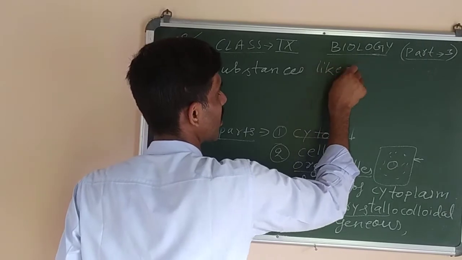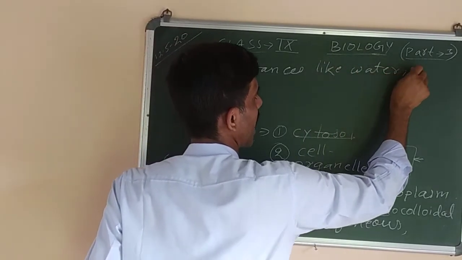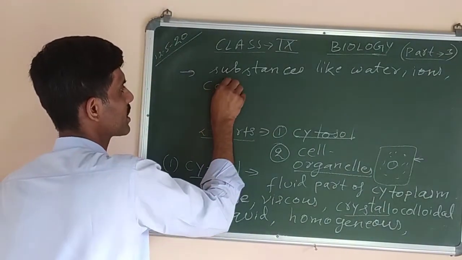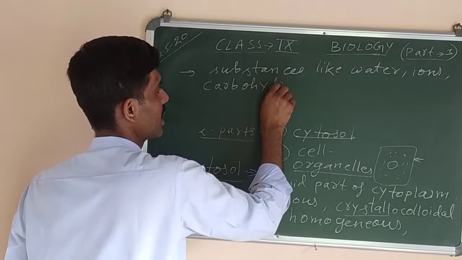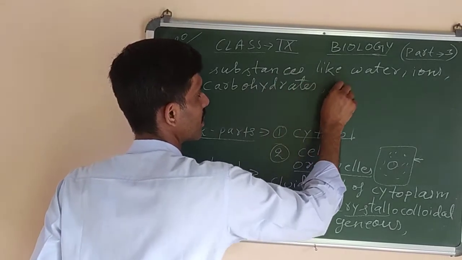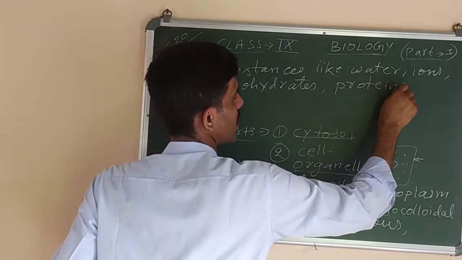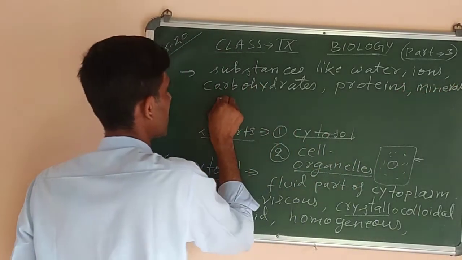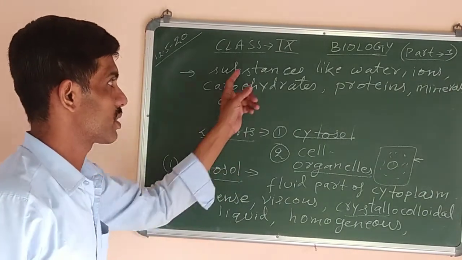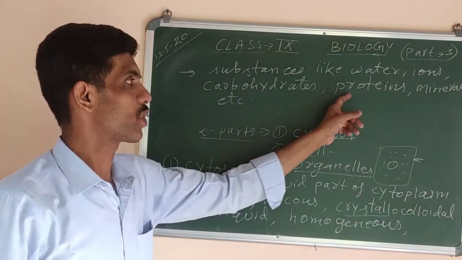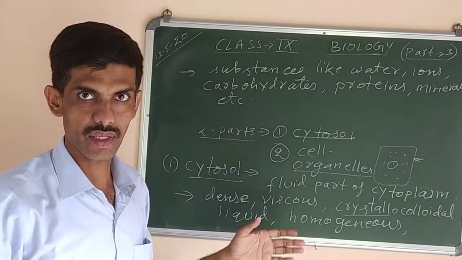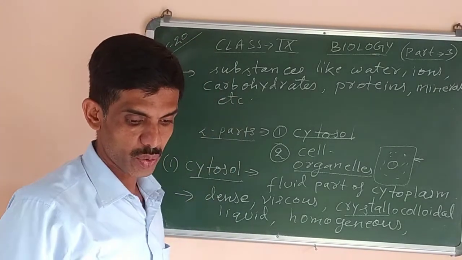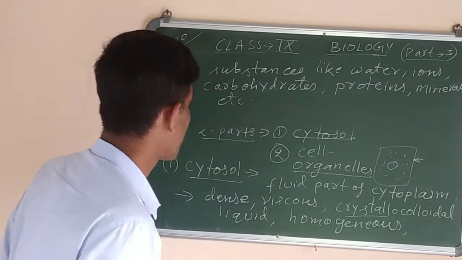Water, mineral ions, carbohydrates, proteins, fats, vitamins, minerals, enzymes, etc. Right, because many things are there. So substances like water, ions, carbohydrates, proteins, minerals, enzymes, all are present in the cytosol or the liquid part of the cell.